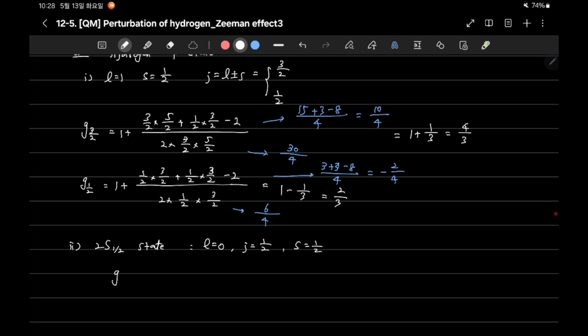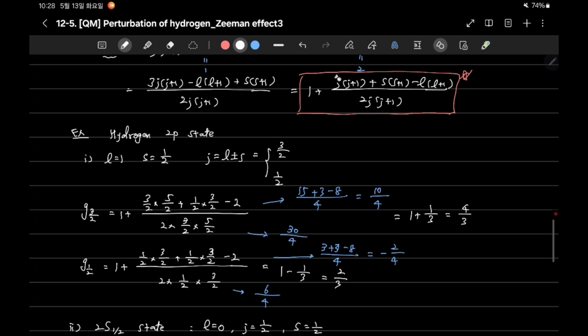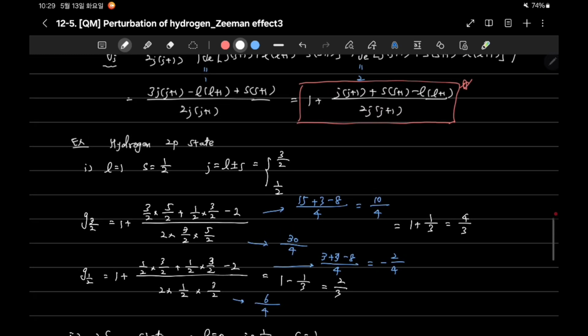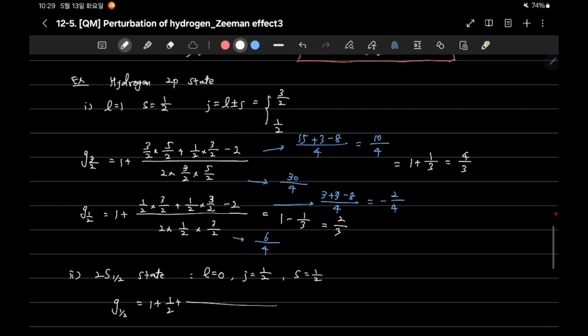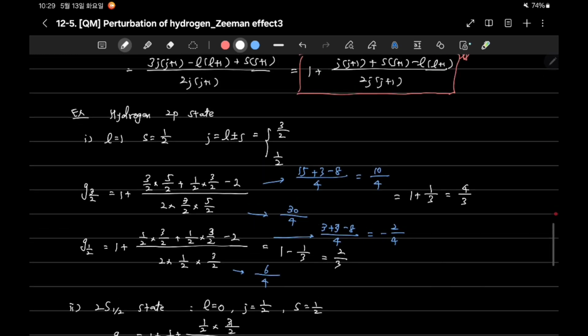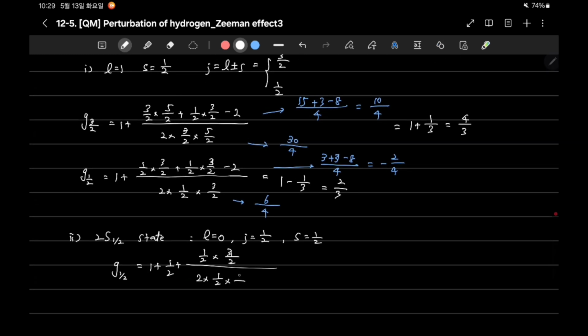Then the gyromagnetic ratio for the 1/2 case is 1 plus 1/2 times 3/2 for this term, plus 1/2 times 3/2 for this term, and L equal to 0, so only S. So 2 times 1/2 times 3/2 is also 1/2, so it is 1, so it is 2.